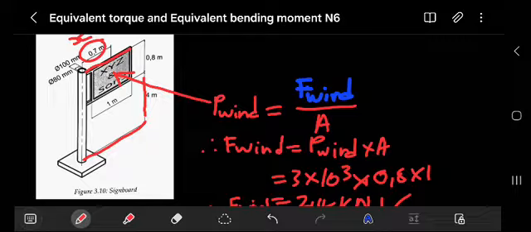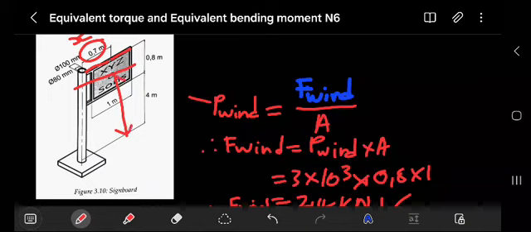So y is from here, where the start point is, until the center of the board. What will that y be? From the center of the board here until here, that is our y.